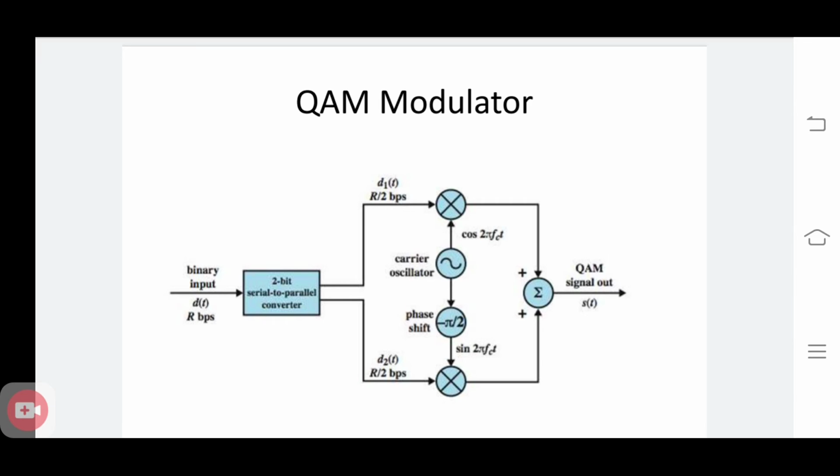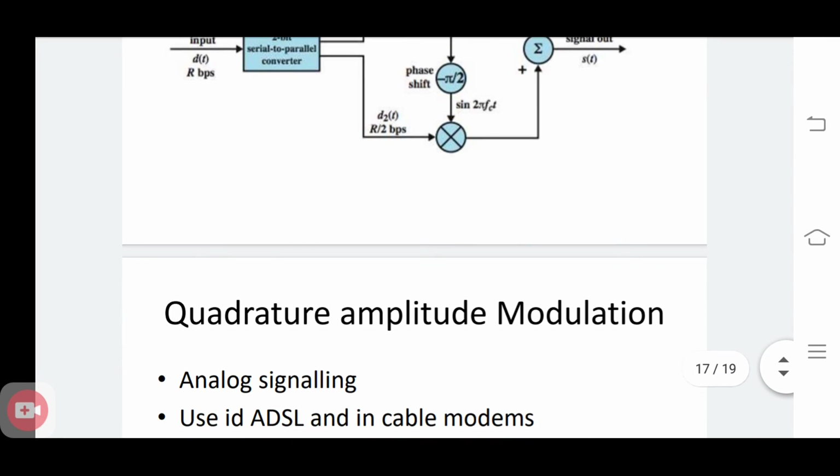The upper binary stream is modulated by using a carrier frequency, then we have a phase shift of pi by 2. Then that output is added together with the lower stream, which is not modulated, and then transmitted over a transmission medium. This is the principle behind this QAM modulator.